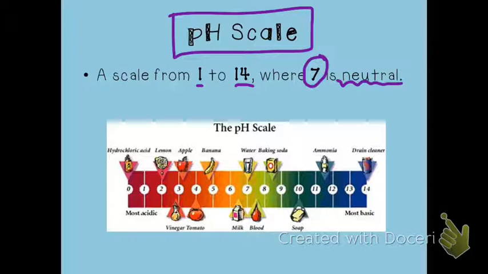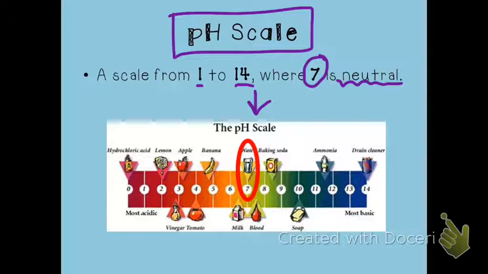Right, so right now I want you to pause the video for a second and look at the pH scale that I have placed here and find what substance has a pH of 7. Right, hopefully you saw that right here we have water with a pH of 7. Okay, so water is completely neutral. It's a neutral substance on our pH scale, which is going to be very important for living creatures like ourselves.